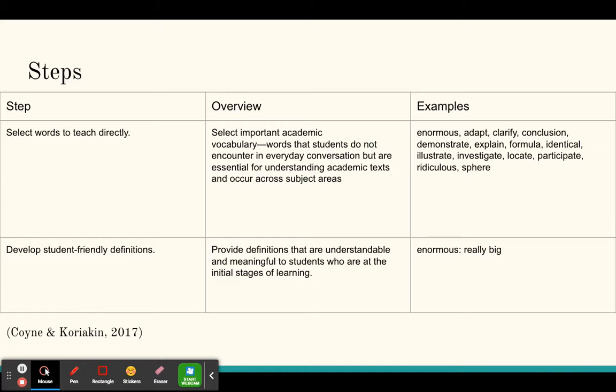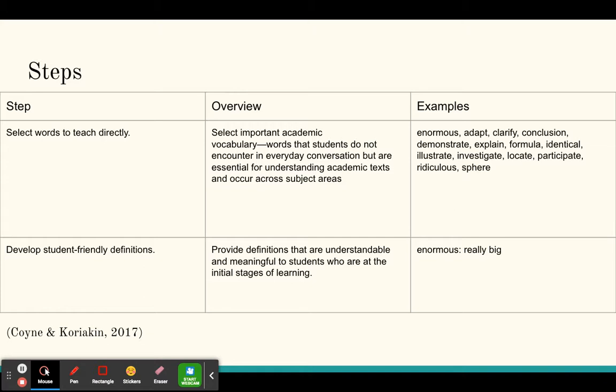A lot of these words are going to be more domain specific words that they're going to find a lot in their textbooks or in articles that they need to read as some sort of supplemental work, right? They're academic words that aren't typically encountered. So examples of those words would be demonstrate, illustrate, investigate, ridiculous, enormous.